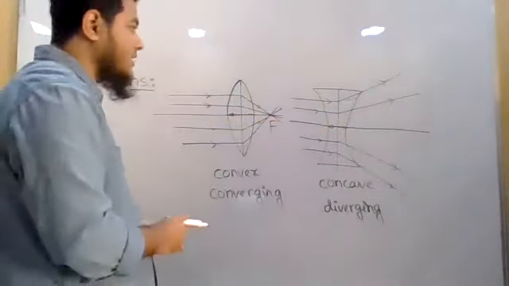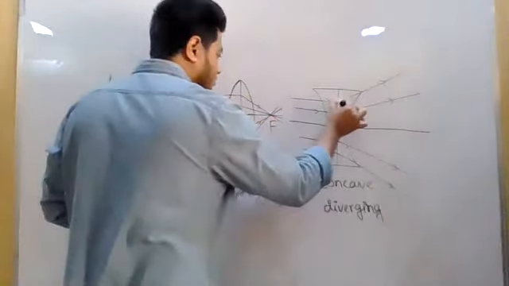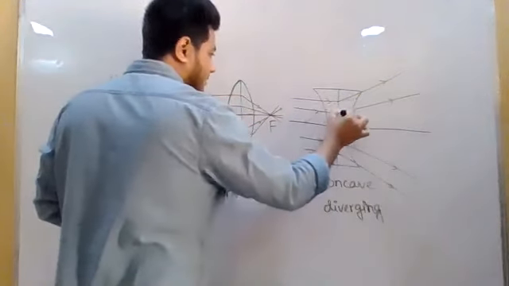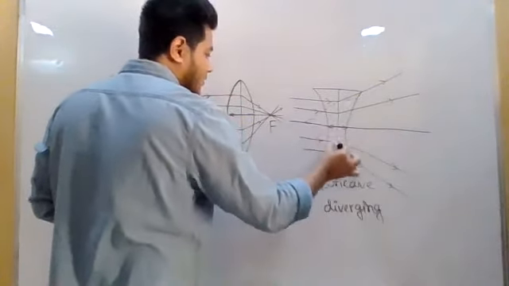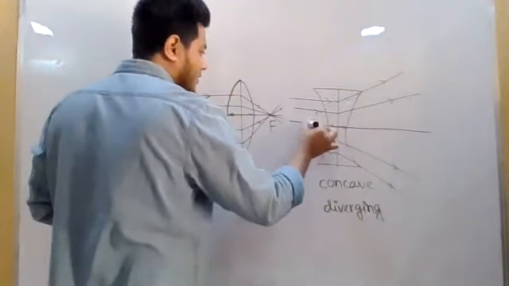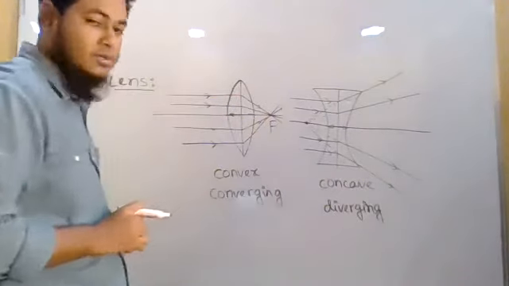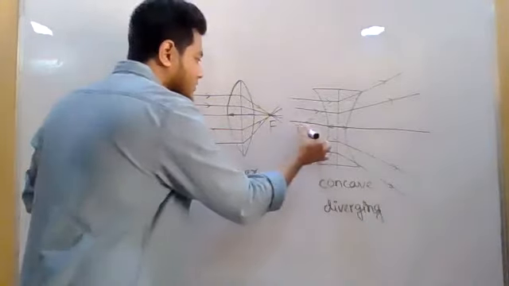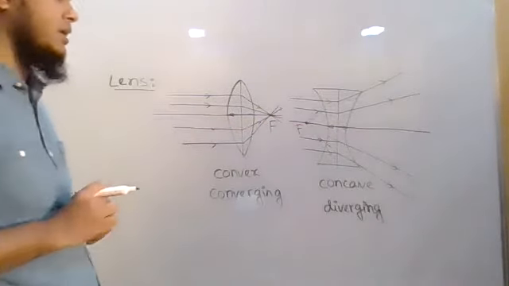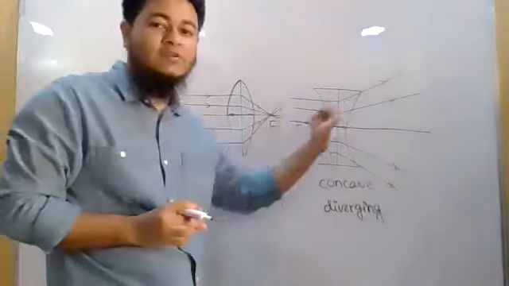So if I extend them backward, then there is a possibility, right? If I extend them backward, then you will see that you feel like all the rays are coming from that point. So that point is known as the principal focus of the concave lens. Now here the light rays are diverging.